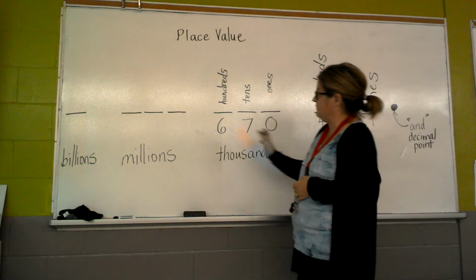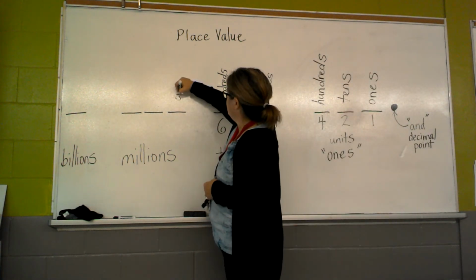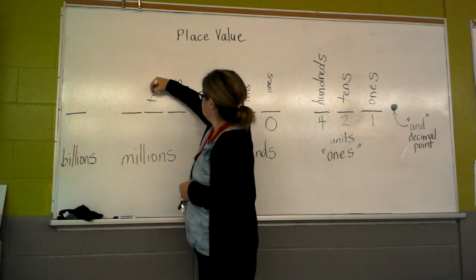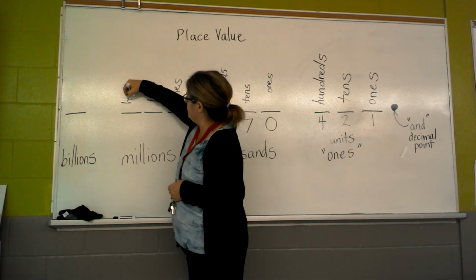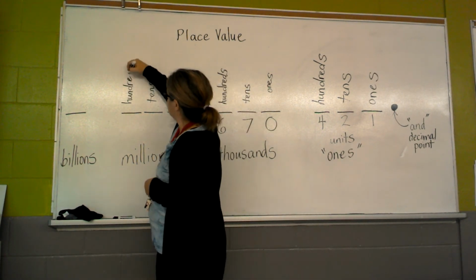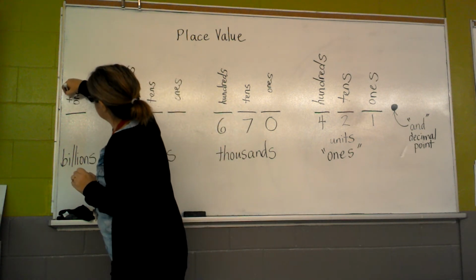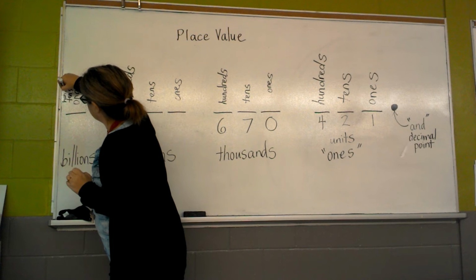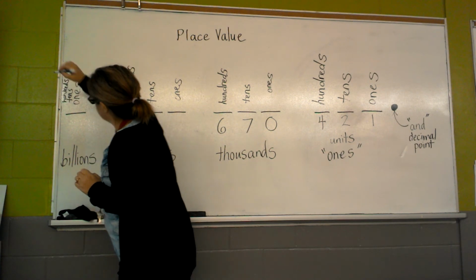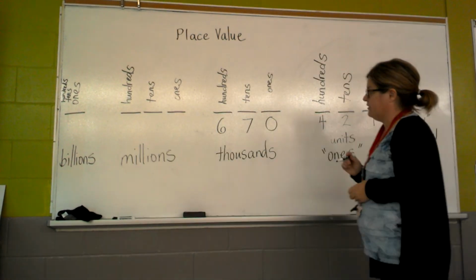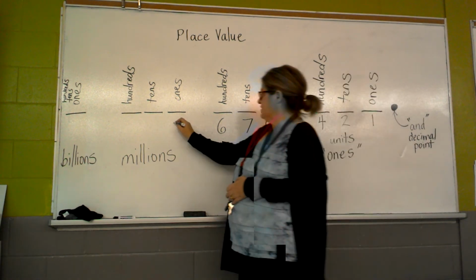And this pattern repeats itself again, with ones, tens, and hundreds being the repetitious part. And again, ones, tens, hundreds, goes on for billions. And it just becomes a matter of plugging in numbers.